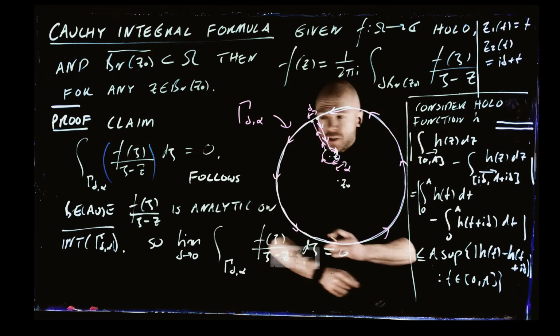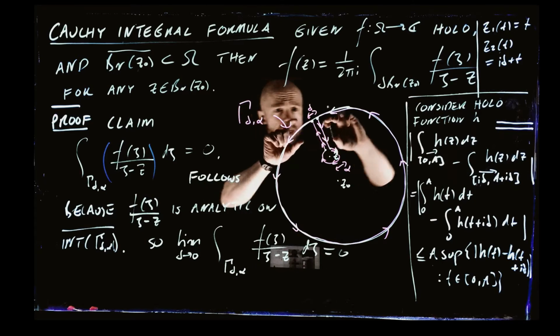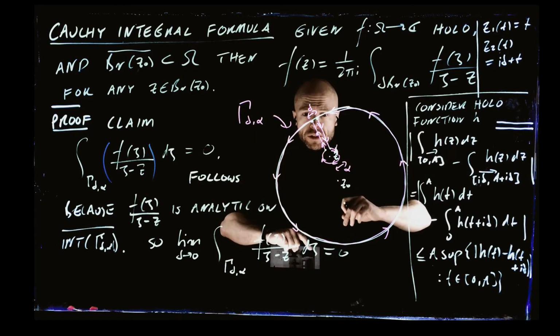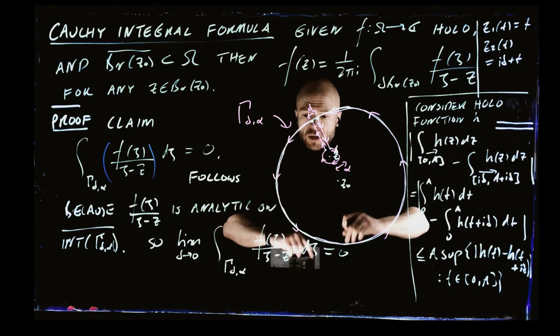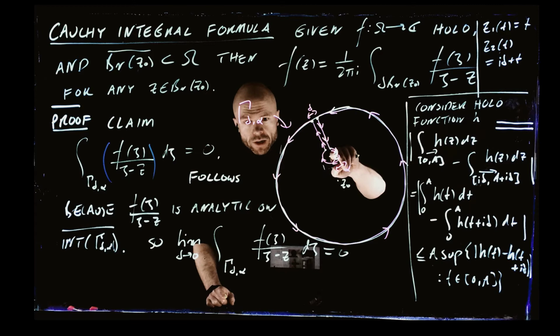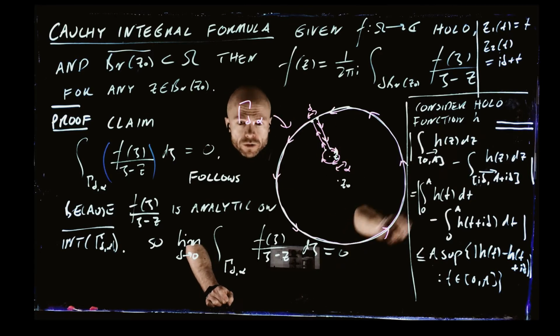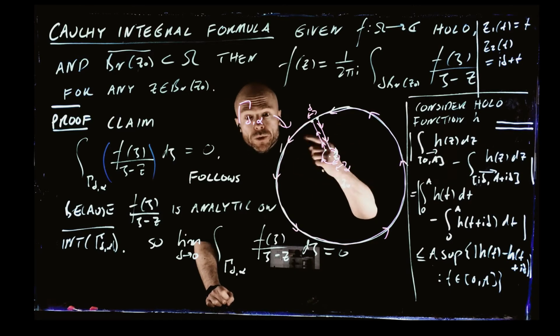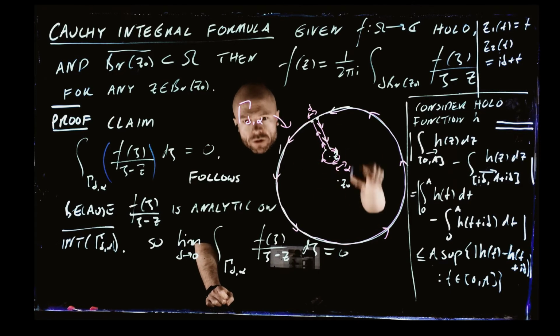Okay. So we do indeed have that as we let delta go down to 0, these lines will ultimately just cancel each other out. All we'll end up with is the integral going clockwise around the little circle, and the integral around the big circle. Going clockwise around the little circle is the opposite orientation, so it's a minus: minus the normal integral going anti-clockwise.